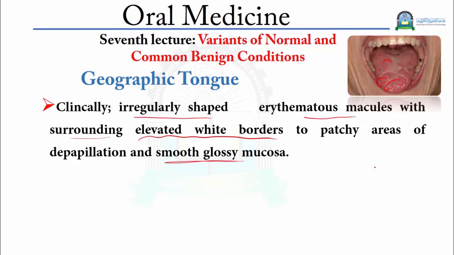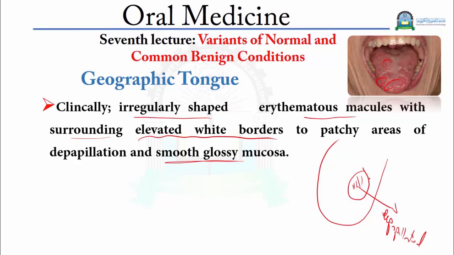Smooth glossy mucosa is due to the depapillated areas. These areas are depapillated, and these are the elevated white borders.